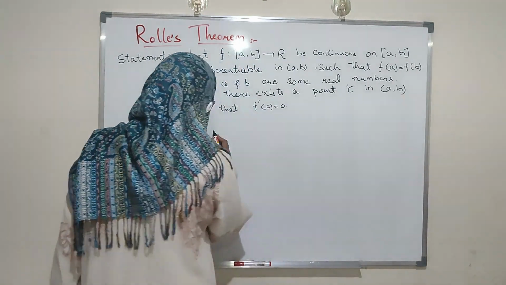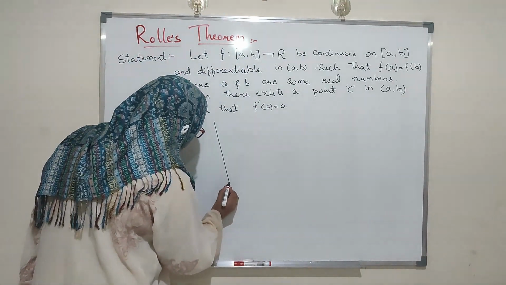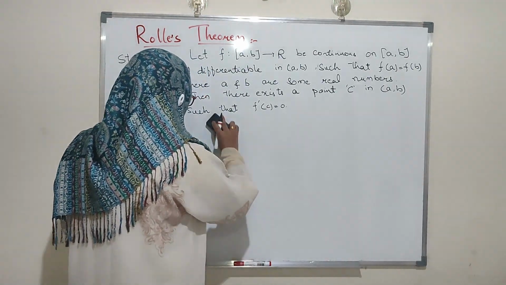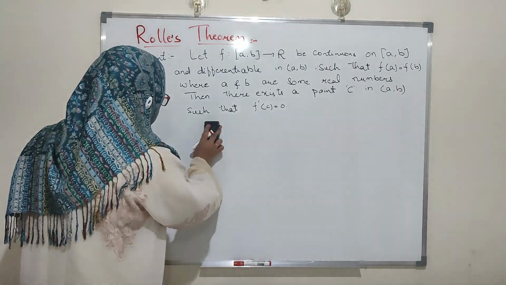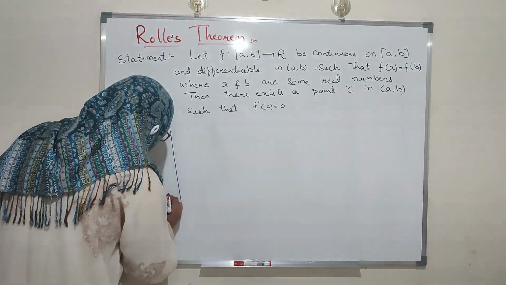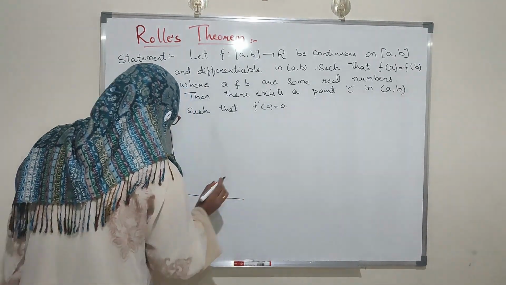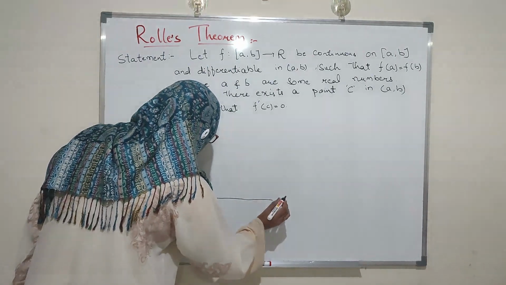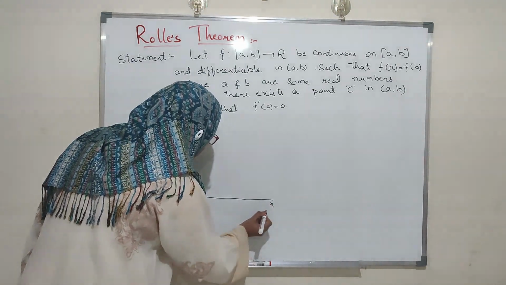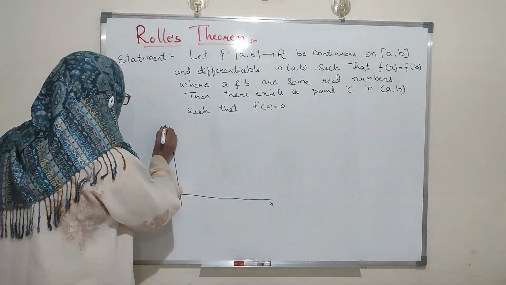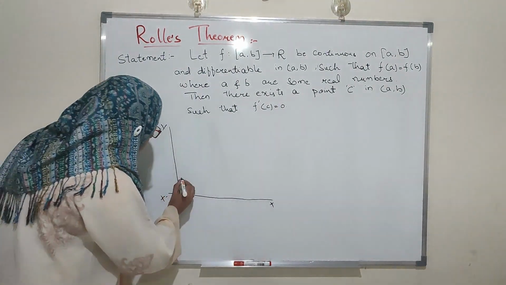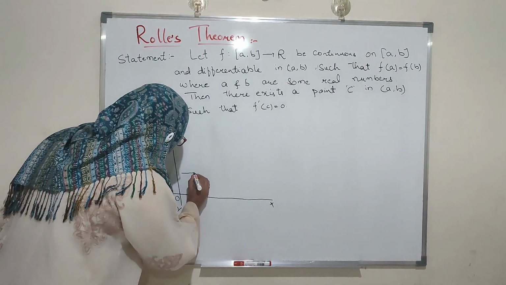Now, draw figures. Consider here the slope of the tangent. This one is the origin O, X, X dash, Y, Y dash. Okay. Now draw one curve like this.